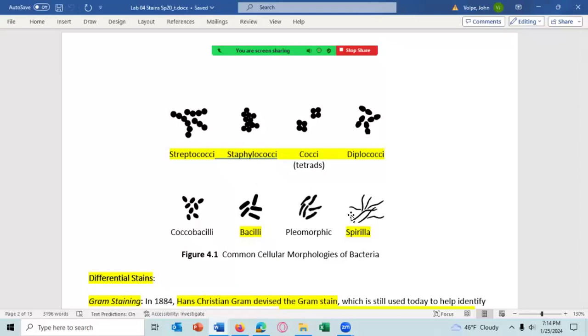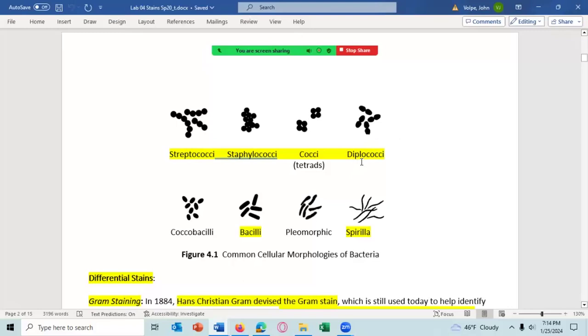The growth arrangements are the way the cells stick together. The first growth arrangement you can have is a singlet, where the cells are one cell and they're not stuck together. With cocci, you can also have two cells stuck together, and that we call diplococci.